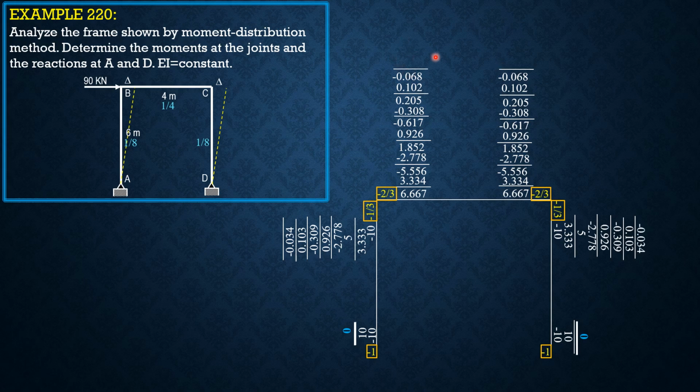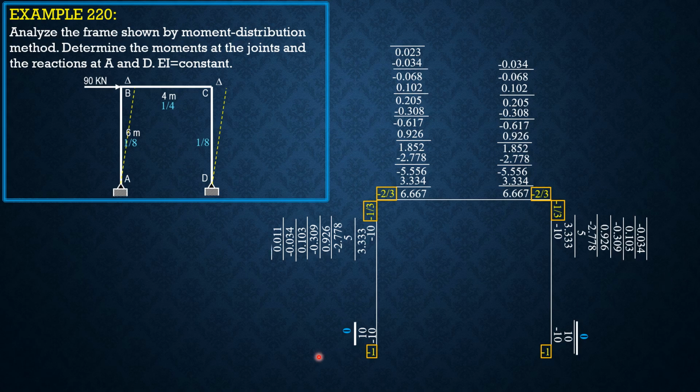Half of 0.023 is 0.012, 0.012. 0.012 times negative 2/3, negative 0.008. So that's small already, so we finalize the locking. Here, 0.012 times negative 1/3, negative 0.004, then lock finally. Negative 0.008, lock finally. Negative 0.004, lock finally.